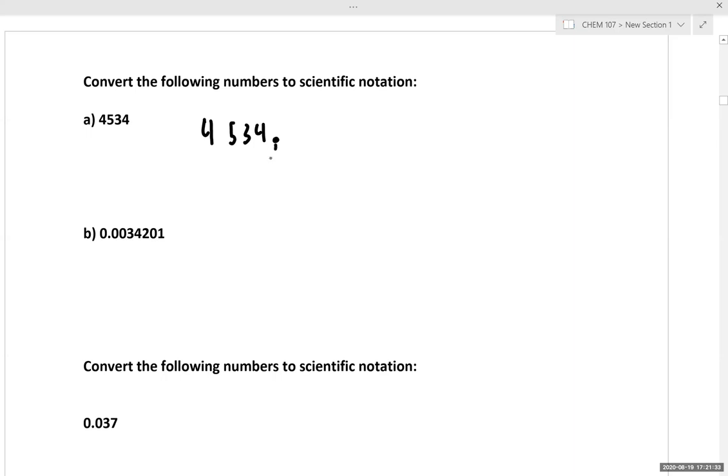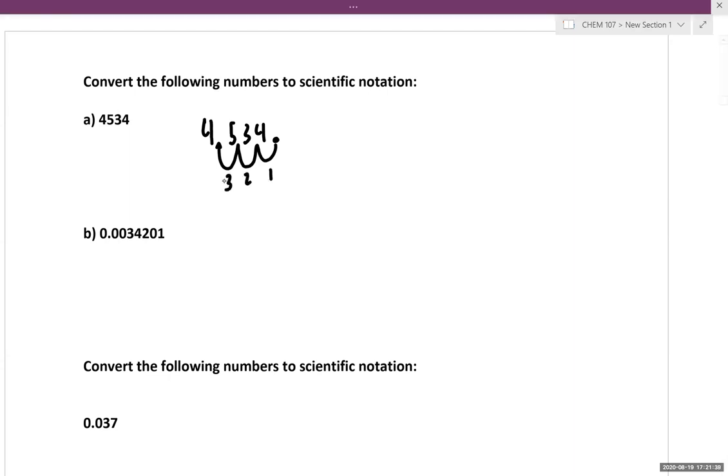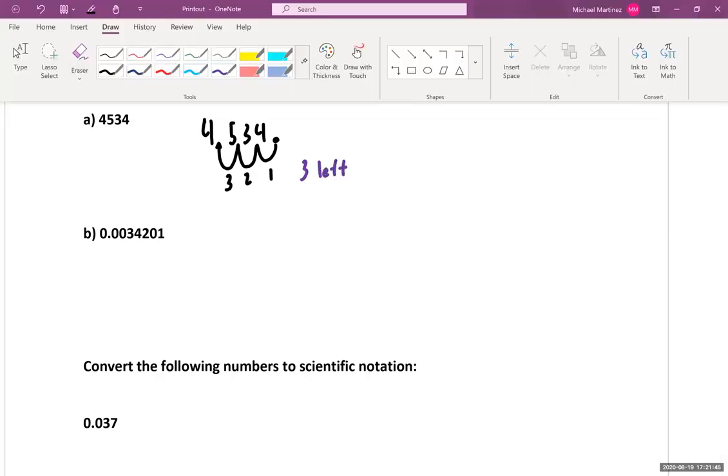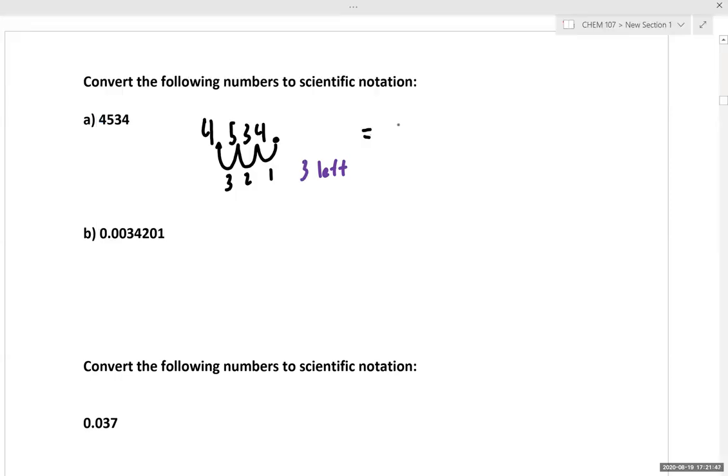Now I'm going to move my decimal point 1, 2, 3 spaces. So I'm moving 3 spaces to the left. And that in turn gives me a number of 4.534. And we know my n is equal to 3, so we write it as 10 to the third.